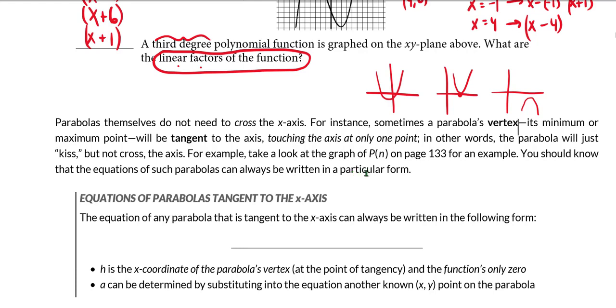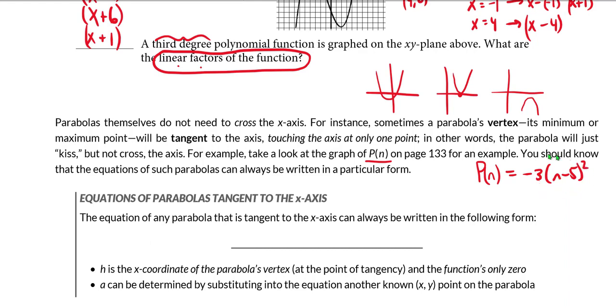However, we should know that for parabolas that are tangent to the x-axis, in other words, something like this, the equation associated with those quadratics will always be able to be written in a particular form. In fact, our p of n function that we looked at on page 133, that was p of n equals negative 3 times n minus 5 squared.